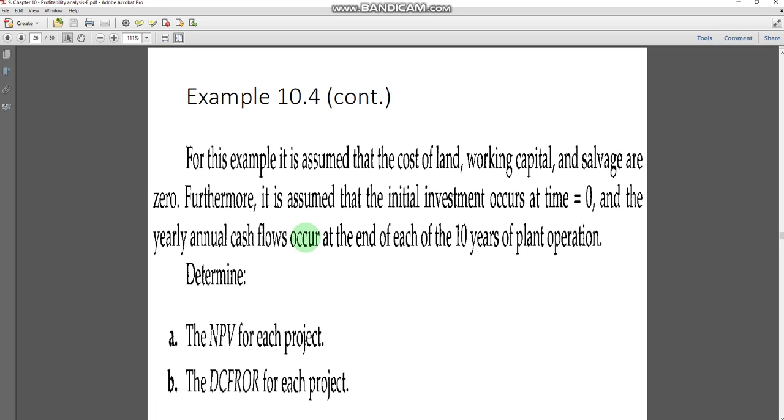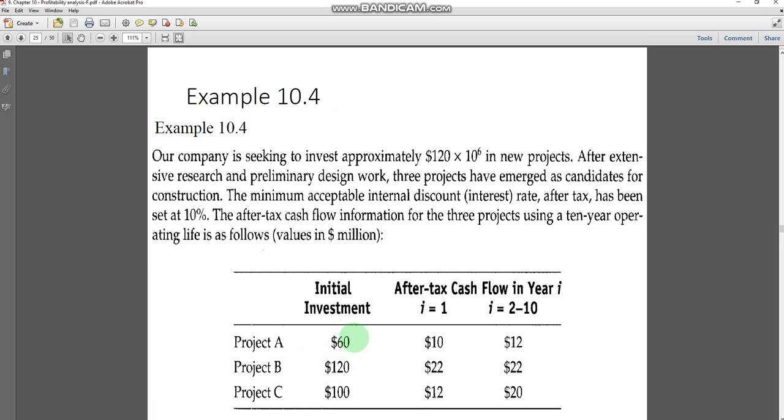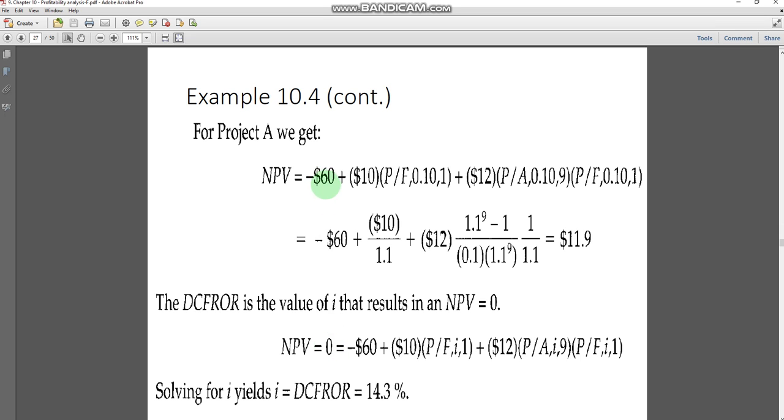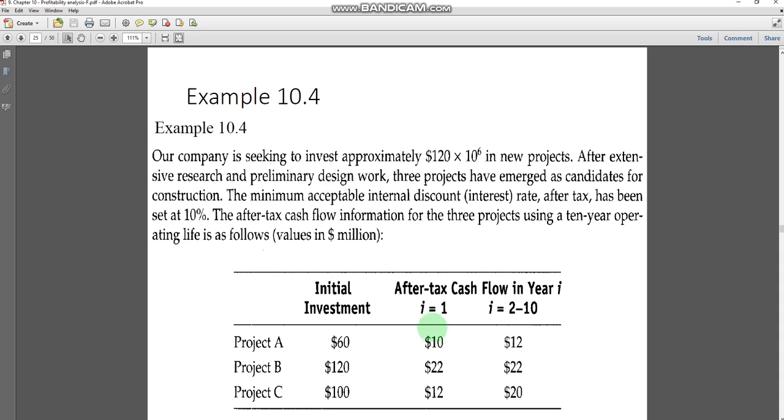So we see here that the initial investment at time zero is minus $60 million, so we can put this as such. Then at the end of the first year, the after-tax cash flow was $10 million. So we have to bring that also back to time zero. How can we do this?